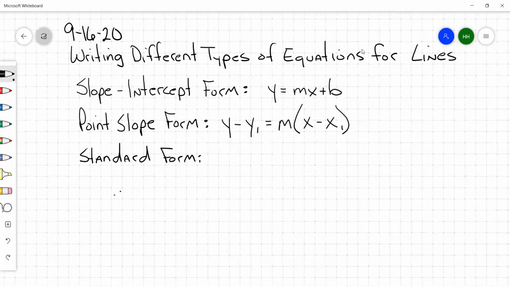And standard form looks like ax plus by is equal to c. And then we're going to do a little bit of graphing and talk about parallel and perpendicular lines.